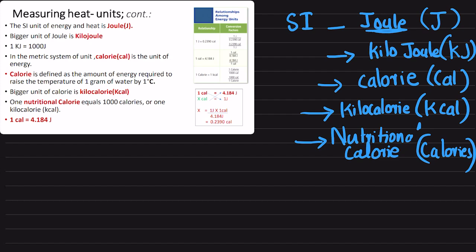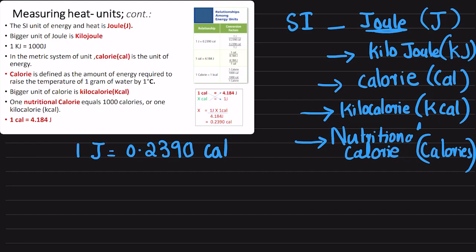Now we need to know about the conversion. Very, very important, the conversion unit. 1 joule equals 0.2390 cal.